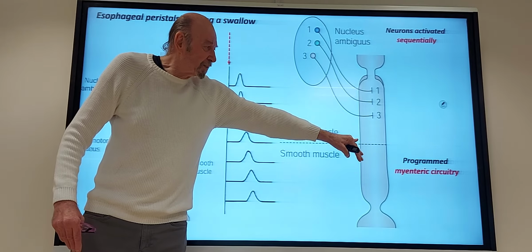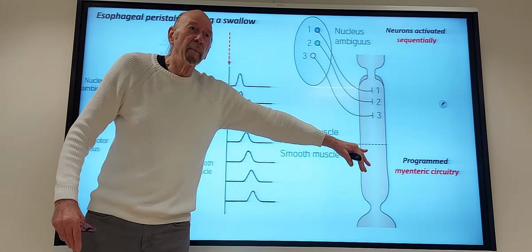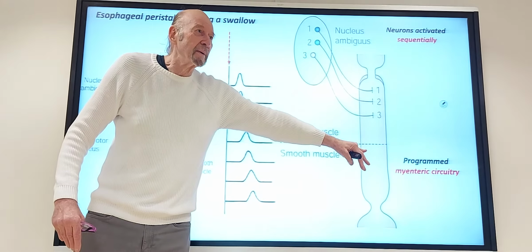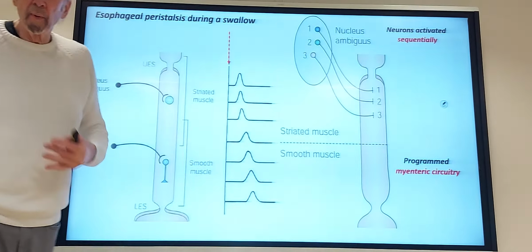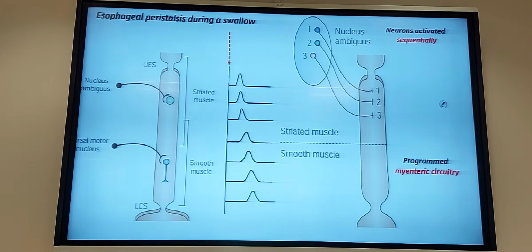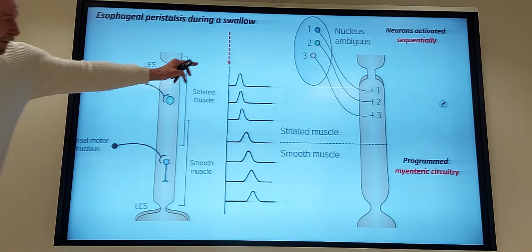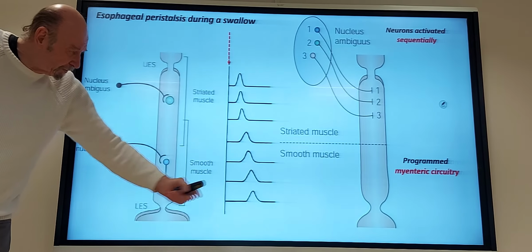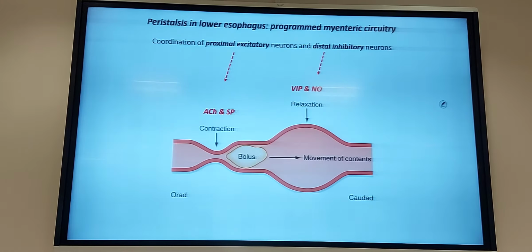But once it hits the smooth muscle, it's programmed by the myenteric plexus. If you remember peristalsis, it's an area of relaxation preceding an area of contraction. Remember that? I think the next slide shows it again. So they're regulated differently, but as you can see, the contractile wave moves smoothly down the esophagus.